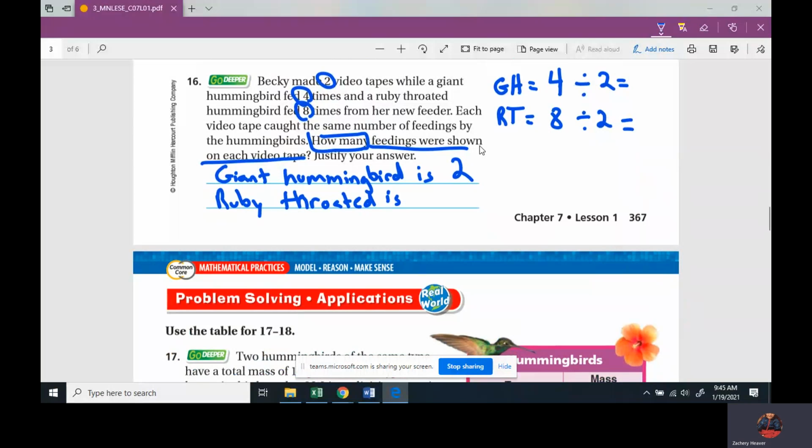Four. So the giant hummingbird is 2. The ruby-throated is 4. You got a second to copy that. Giant hummingbird is 2. Ruby-throated is 4.